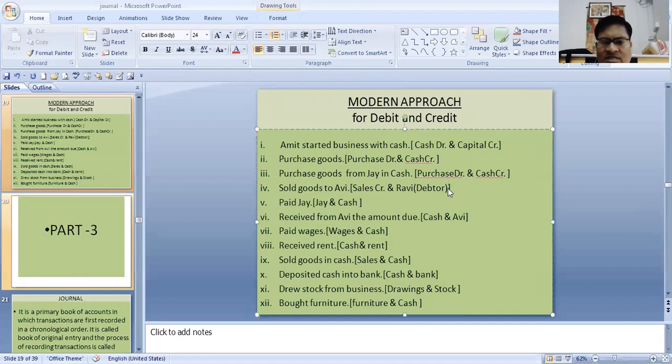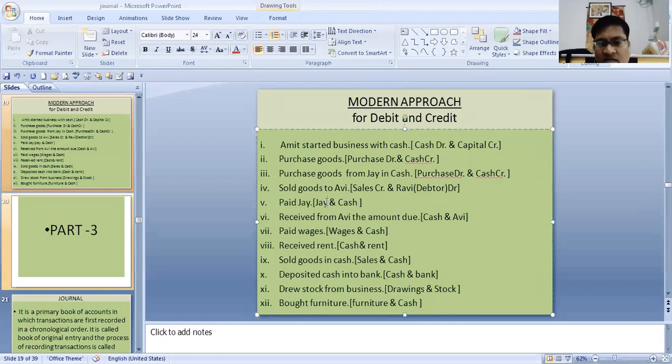Debtor is increasing in the business. That's why debit. Students, if you can mix both the methods, that also is possible. Avi is the receiver of that goods, that's why debit the receiver. That's under the traditional approach. Avi is becoming our debtor. Debtor is an asset. Asset increasing in the business, that's why Avi will be debited, whereas sales was credited.